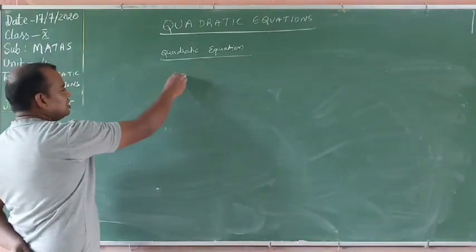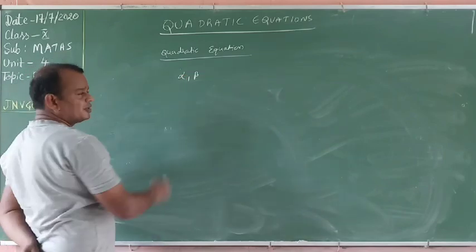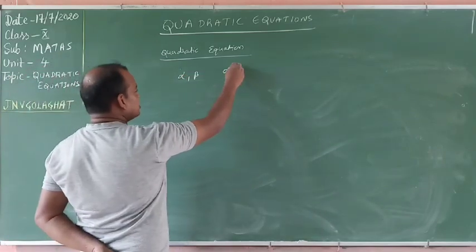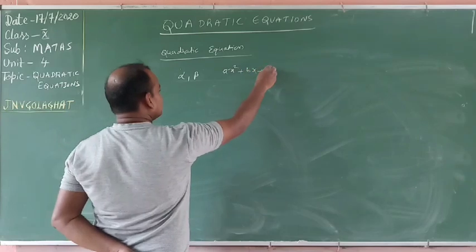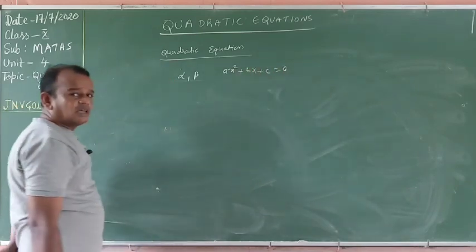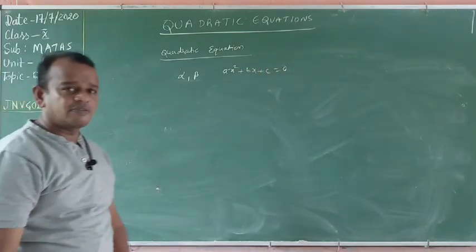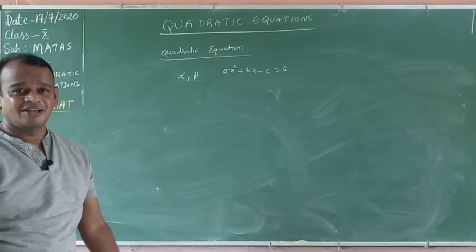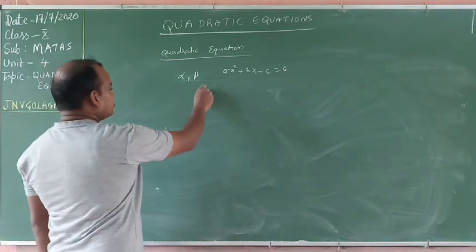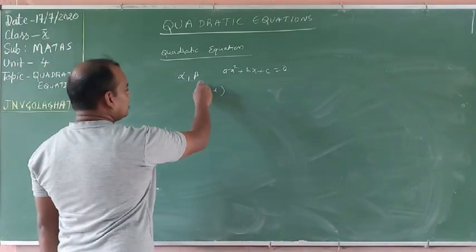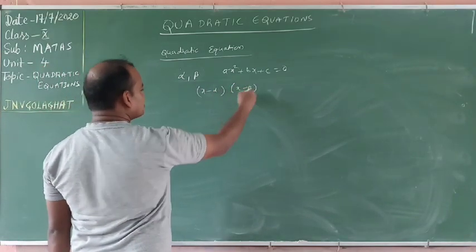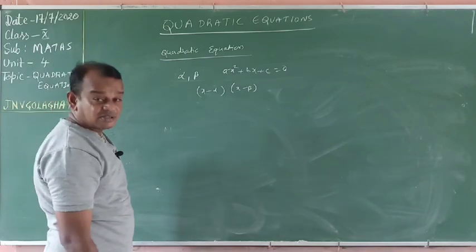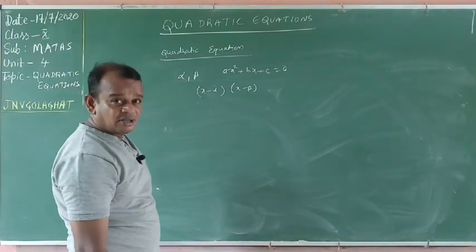Alpha, beta are the roots of the equation ax square plus bx plus c equal to 0. What are the factors? X minus alpha, x minus beta are the factors of that one. Say yes or no? Yes.